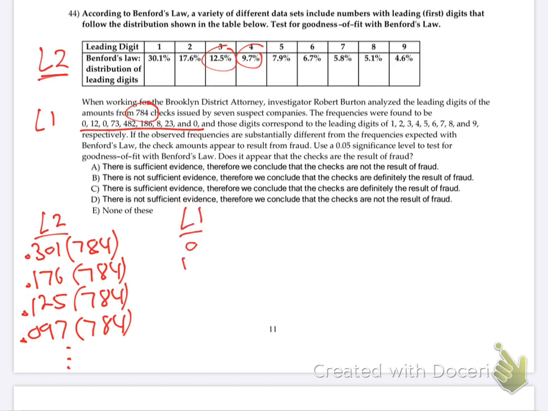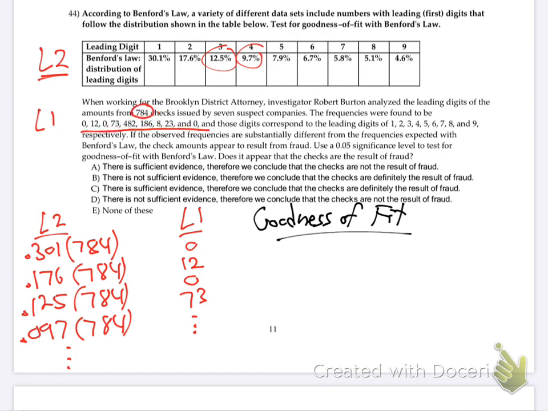L1 is going to be the 0, 12, these numbers, 0, 73, these numbers right here. That's L1. Put them in L1 and L2, and then do goodness of fit for that. Okay, so you just type these, actually write down L2, put these right in L1.